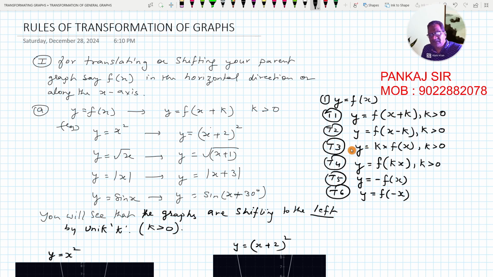Now these are the six possible transformations that you will have to study independently first, and then you should become so much of an expert in this topic that you are able to apply a combination of transformations on a parent function like y is equal to f of x.